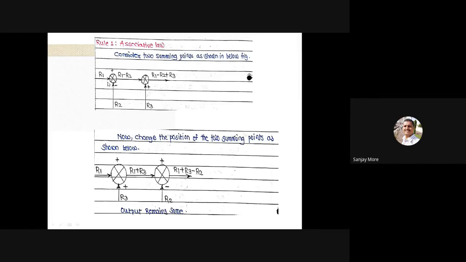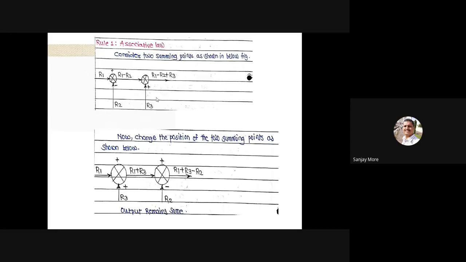R1 plus and R2 minus, so here R1 minus R2. Then next R3 plus. Here R1 minus R2 plus R3. This is called the associative law, or also the addition law.